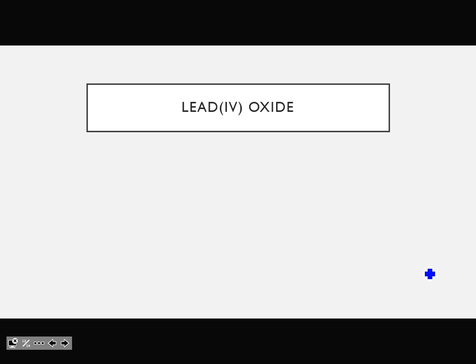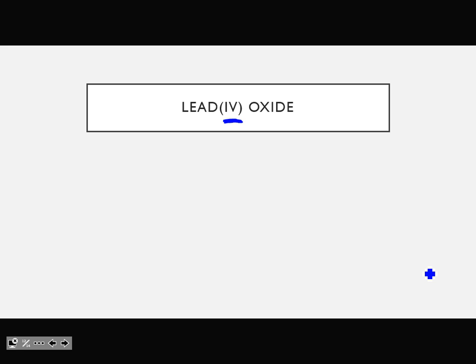Now, this one brings a new part into play because I have this thing right here. That is a Roman numeral. I want you to look at your periodic table and find the oxidation state.